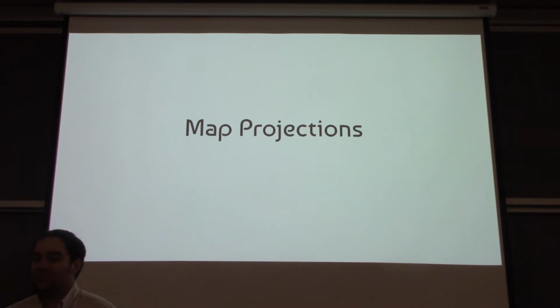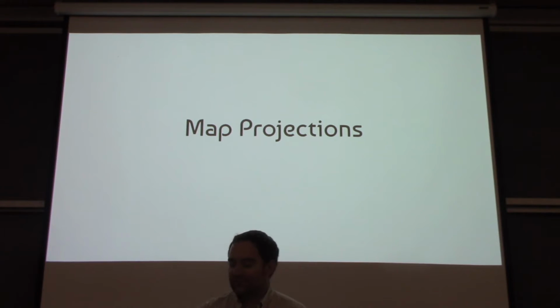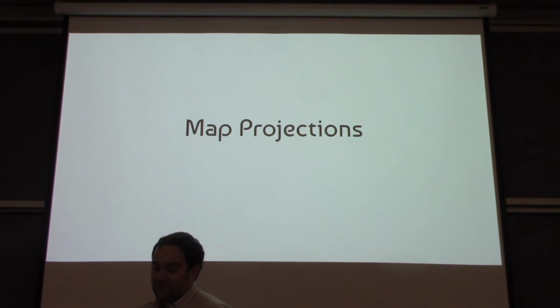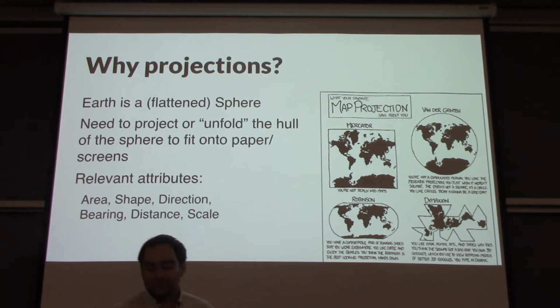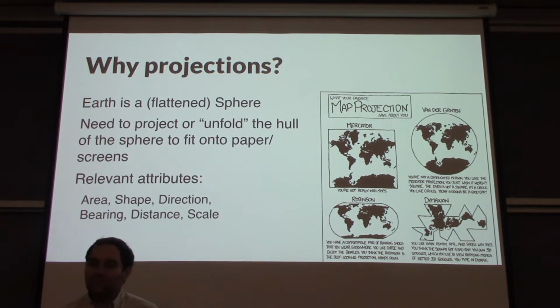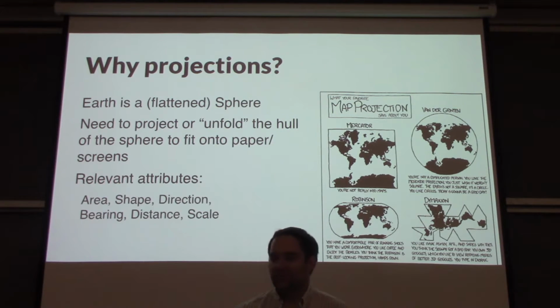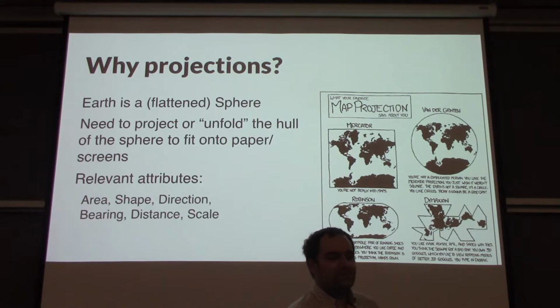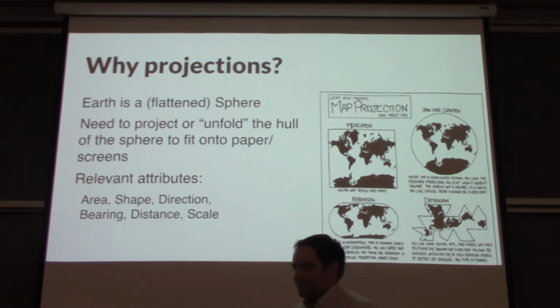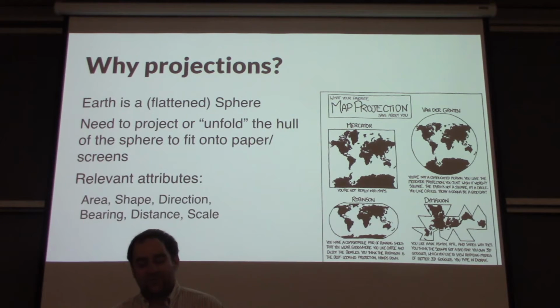Okay, so when we were talking about D3, we talked a bit about map projections. Here are just a couple of other examples of why map projections matter. Why do you use projections in the first place? Well, we do want to see a map typically on a flat surface. Of course, globes are great, and there are spherical displays, but spherical displays are rare and typically not very high quality.